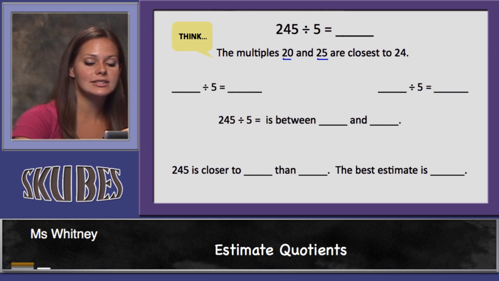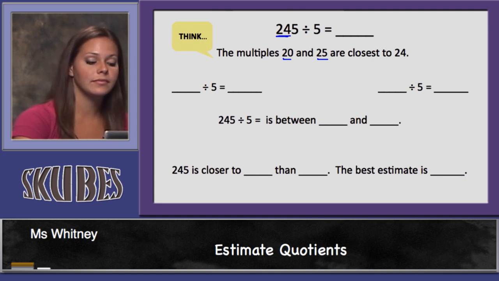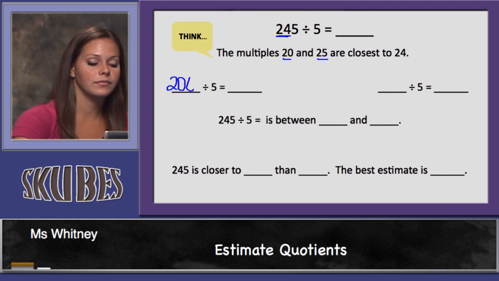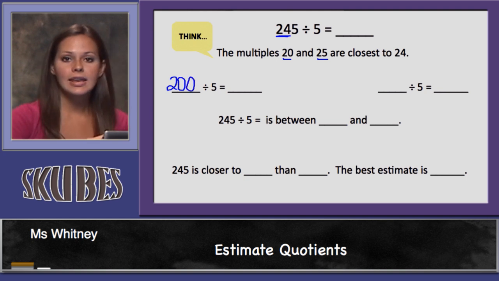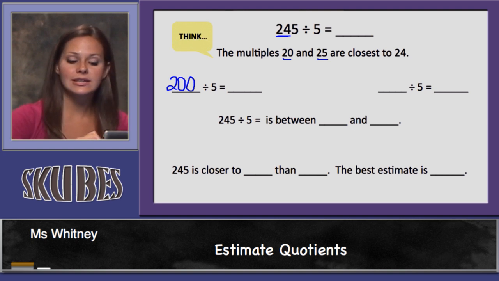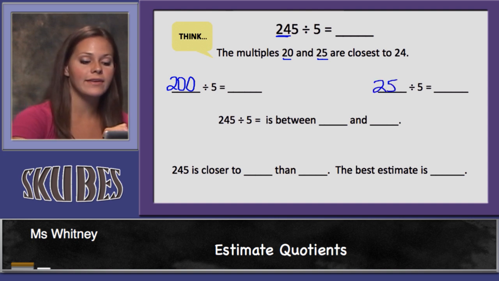So I'm going to replace the first two digits of my dividend, 24, with 20, and then I'm going to make my 5 a 0. Next, I'm going to replace my digits 24 with 25, and again, make my 5 a 0.